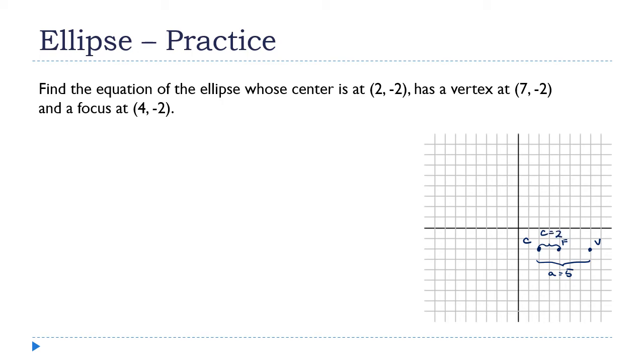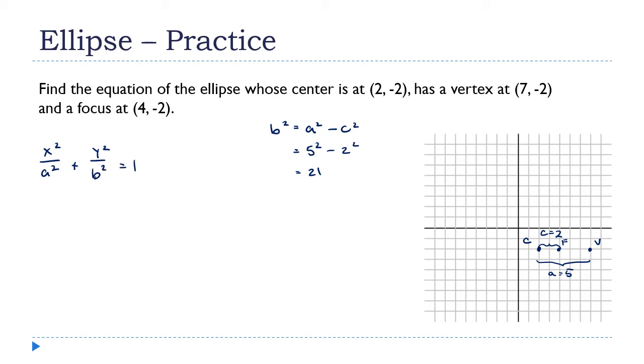Okay, great. So now I can get B. B squared is other way around. Sorry. A squared minus C squared. That's 5 squared minus 2 squared. 25 minus 4. That's 21. All right, so let's go to the equation. It's going to be x squared over a squared, because this is kind of a left or right orientation, plus y squared over b squared equals 1.